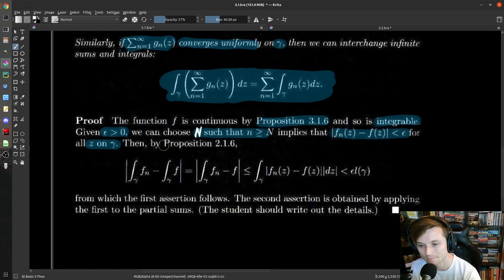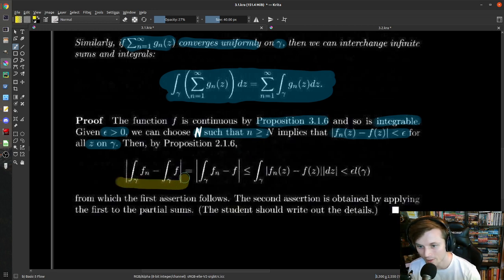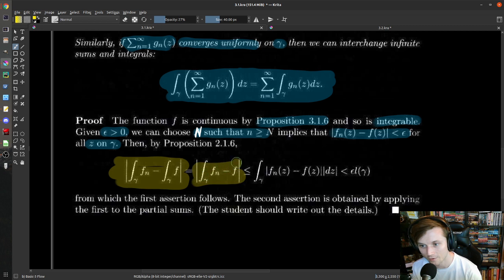Weird. Okay, so by proposition 2.1.6, which just tells us how we can break apart contour integrals, we can take the modulus of the difference of these two contour integrals, and since they're over the same contour, we can combine those together. That is, we can look at the modulus of the contour integral of the difference instead of the difference of the contour integrals.